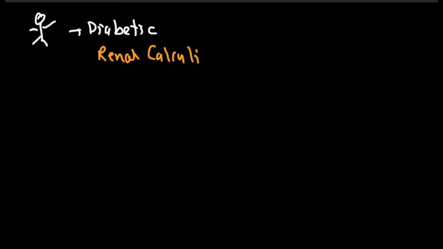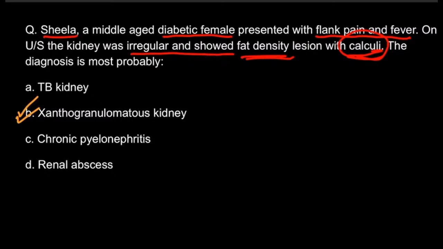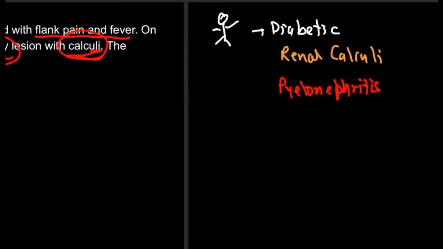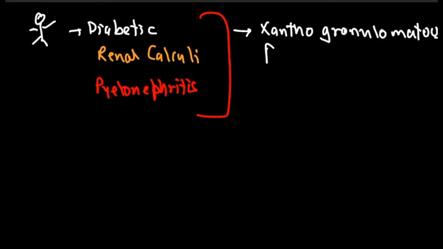Along with this, the patient is having the signs of pyelonephritis, like an irregular kidney, then fat density, and all those things. But the important thing is there is a fat density, which you tend to point towards xanthogranulomatous disease. So all these things point towards the diagnosis of xanthogranulomatous pyelonephritis.